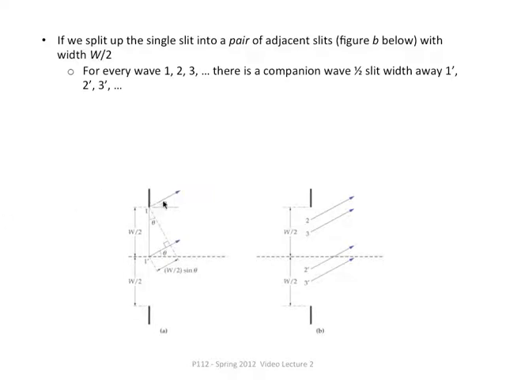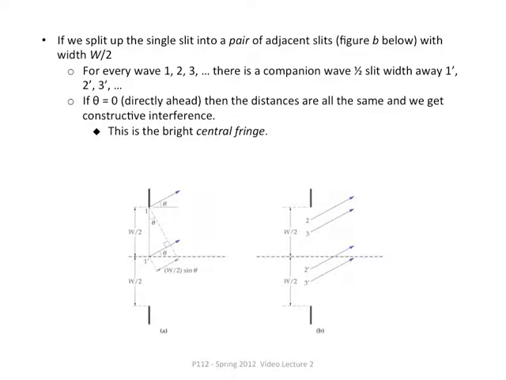So for every wave we have in the top slit, we have another wave coming through in the bottom slit. For wave 1, we have 1 prime, for 2, 2 prime, and for 3, 3 prime. We can think of those as identical waves, like 2 and 2 prime, but coming through the different halves of the slit.